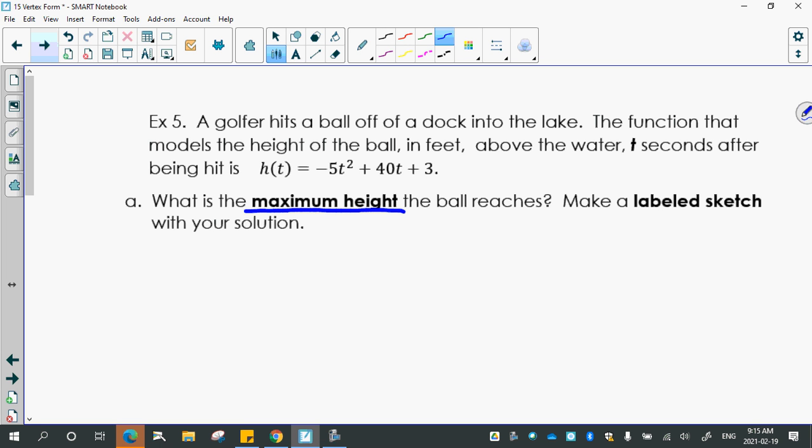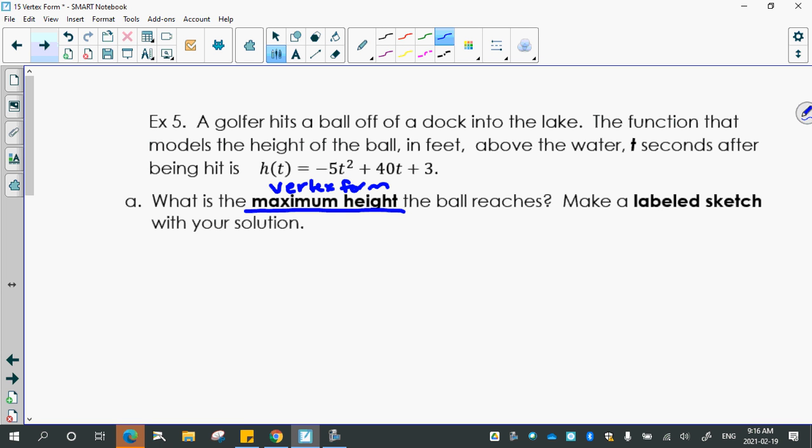As soon as we're talking about a quadratic function, something squared, and we're talking about maximum, your brain should be telling you vertex form. The question doesn't tell you to put it in vertex form, but as soon as a question asks for a max or a min, you have to put it in vertex form to tell what the maximum or minimum is. That's a clue in the question.